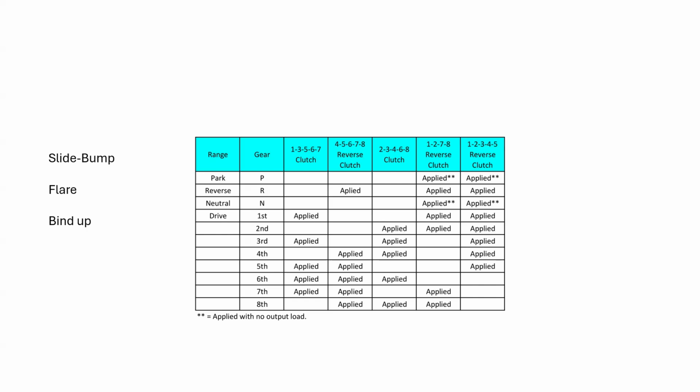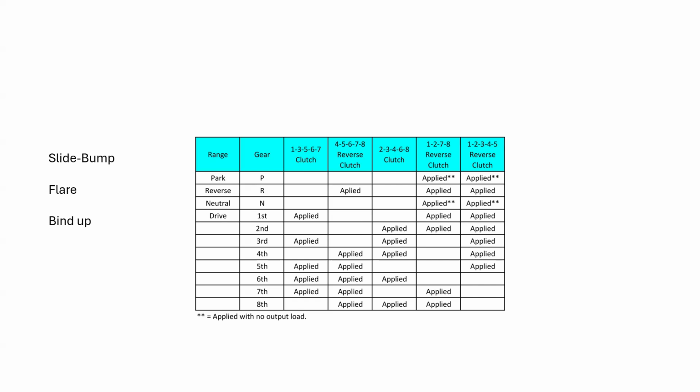And this too can feel like a harsh shift because that bind up, the whole gear train will momentarily want to stop. Of course, it's not because the vehicle is moving, but that bind-up condition can feel very much like a harsh shift. But that's a situation where the two clutches are applied at the same time or trying to apply at the same time.